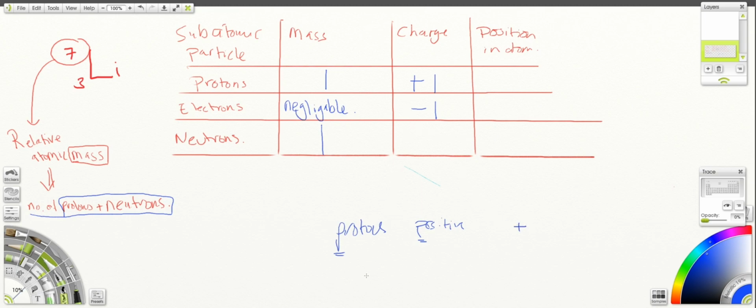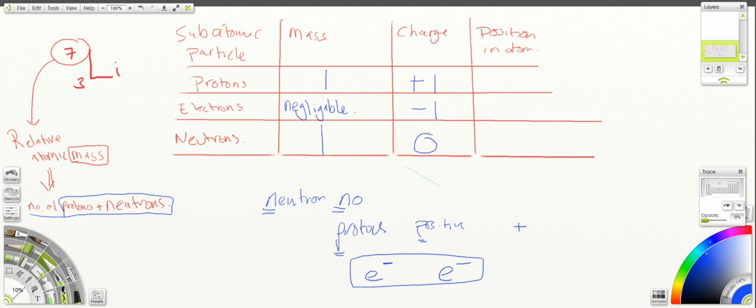Electrons, now guys, once you get to college and university, whoever takes up science, the short way of writing electron is an E with a negative sign at the top. That tells you that the electron has a negative charge. That's how you remember. And the neutron has no charge. That's 0 charge.